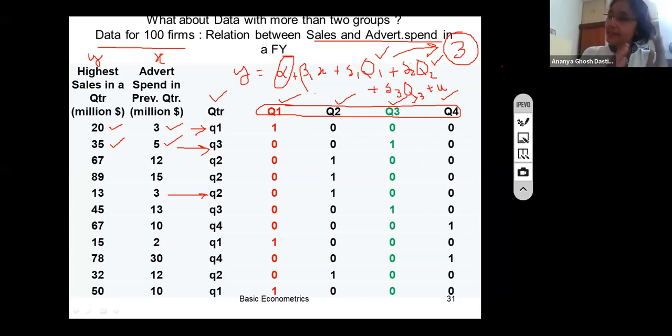So let us now look at the X matrix, which I've been talking about for some time now. Let us look at the X matrix to understand what this dummy variable trap is actually all about.